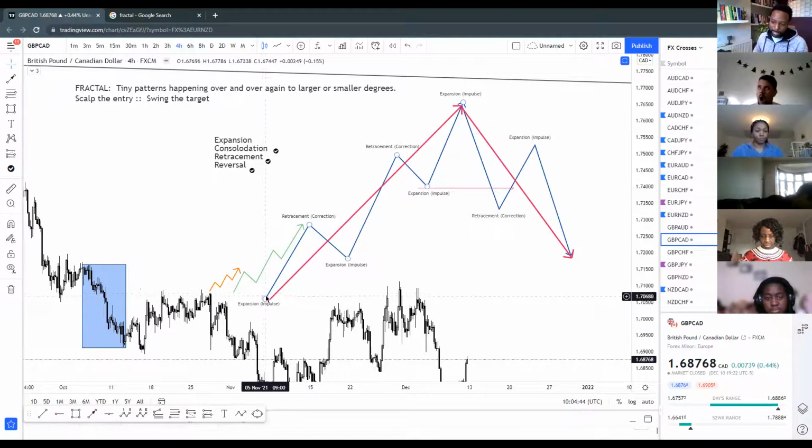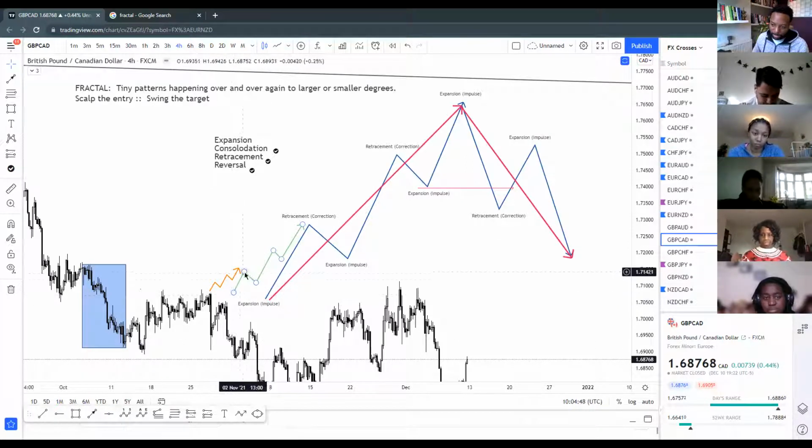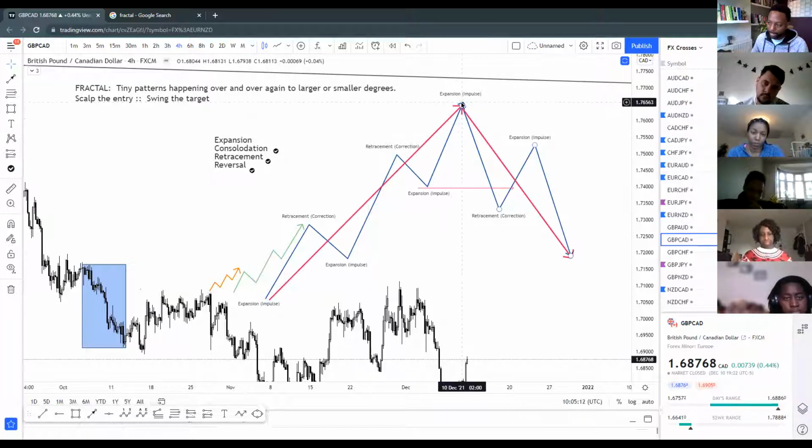In the same way, Sandra, as you see a series of expansion, retracement, expansion, retracement, just as you've seen higher low, higher high, higher low, higher high, inside here you will see higher low, higher high, higher low, higher high.